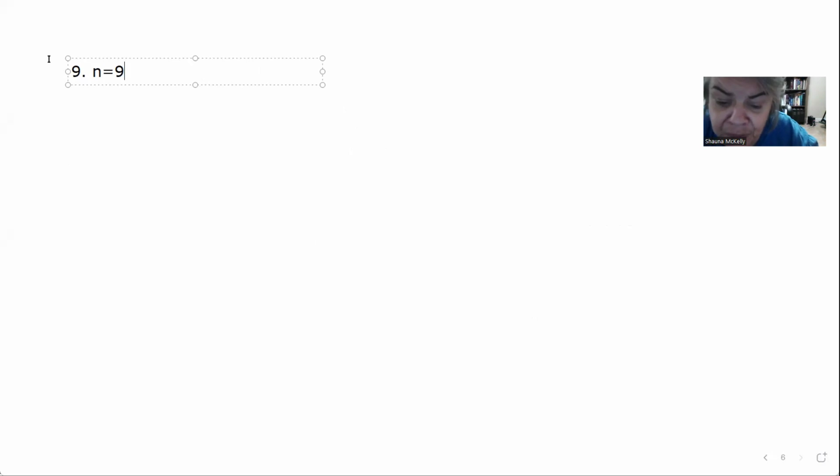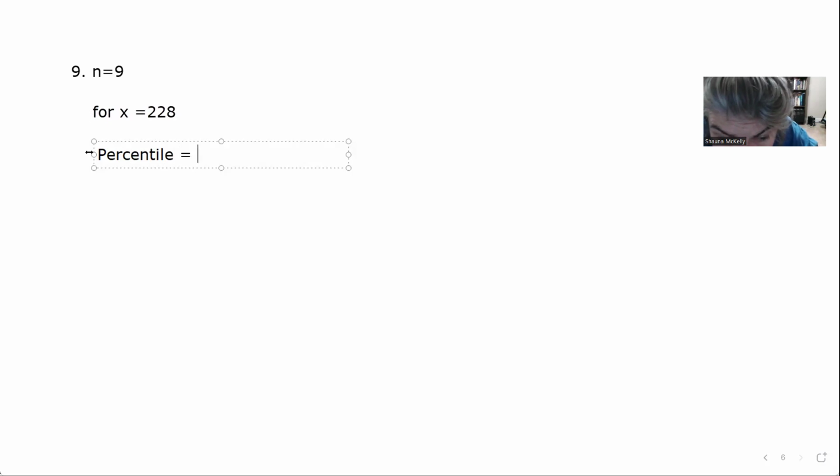And for x equals 228, the percentile is equal to 0 plus 0.5 divided by 9 times 100%.